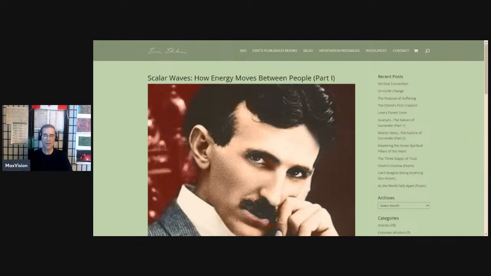Scalar waves come transverse to energy waves. They're apparently an untapped energy source. So you have a waveform moving in this direction, and the scalar wave either comes off that waveform or is either there and the waveform moves through it.